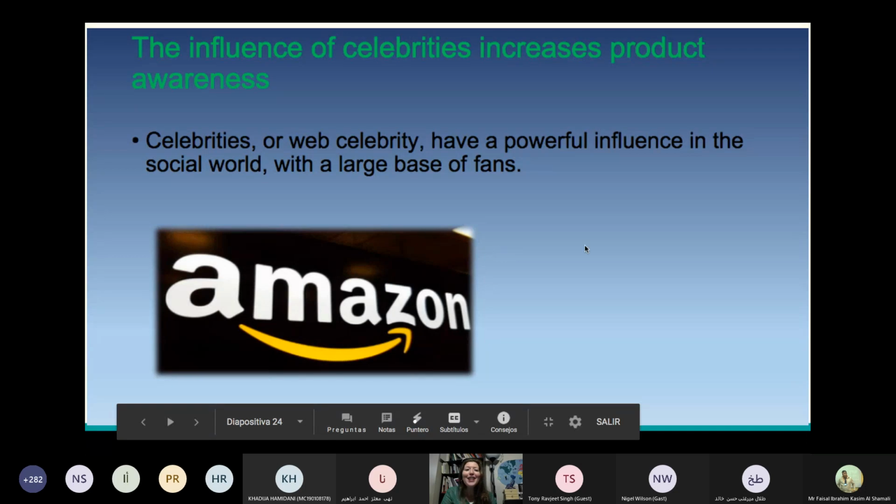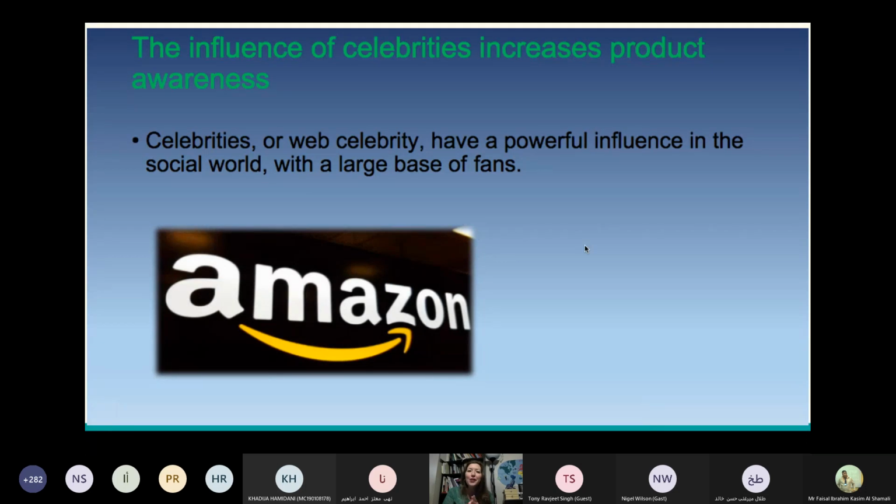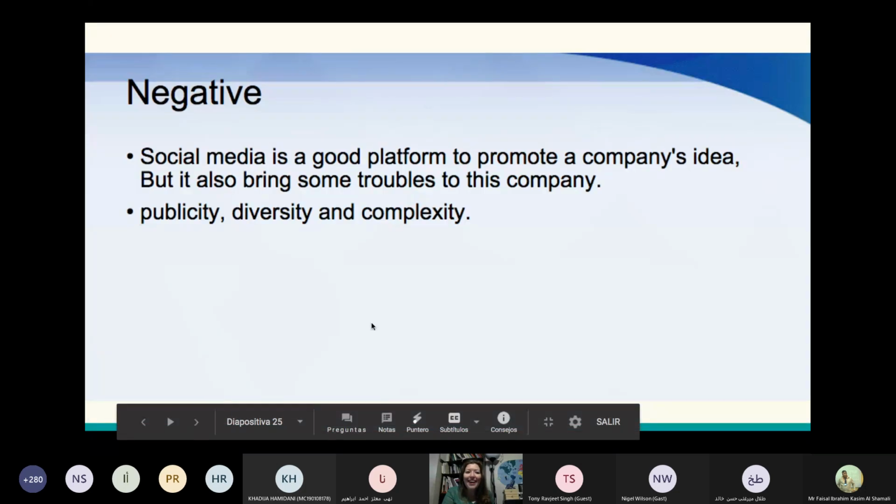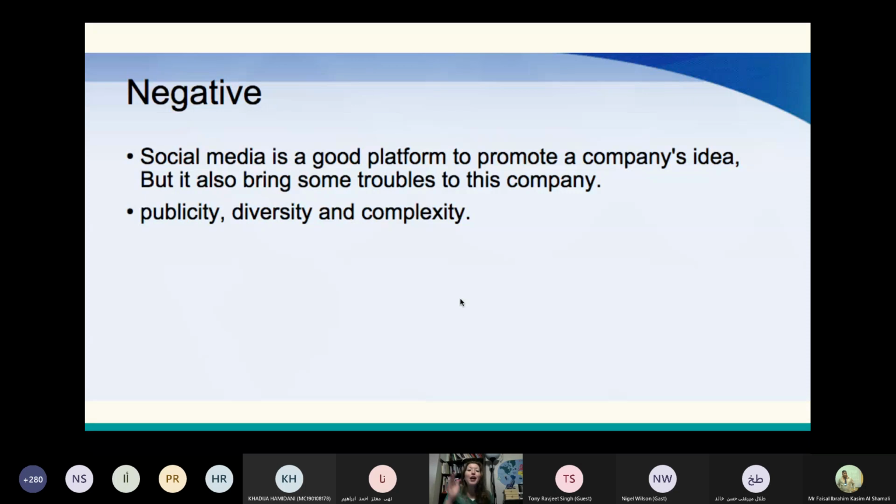All right. Another one of my students also analyzed looking at Amazon and wanted to look at different ways in which celebrities or web celebrities have a very powerful influence with a large fan base. And they also looked at ways in which social media could bring trouble to a company.